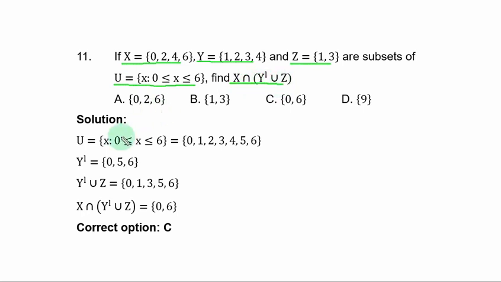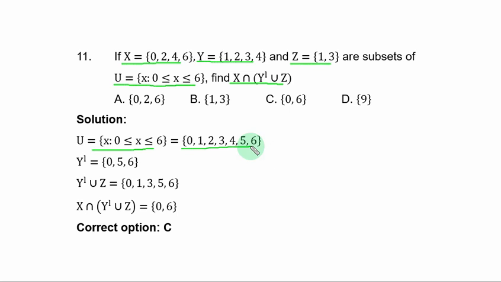Solution. So we list the elements in the universal set. By the given range, 0 and 6 are inclusive. Already we know s, y, and z.